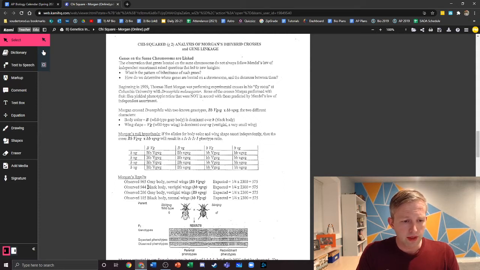Now, pretty quickly, the idea which was identified is that these genes, for some reason, are being carried together. This is the early days of understanding this, but what Morgan's showing here is the fact that the gray versus black body gene and the vestigial versus normal wing gene are carried on the same chromosome. The significance there is that this is 40 years before Watson and Crick. This is 40 years before Hershey and Chase even definitively showed that DNA was the mechanism by which genetics are passed on.